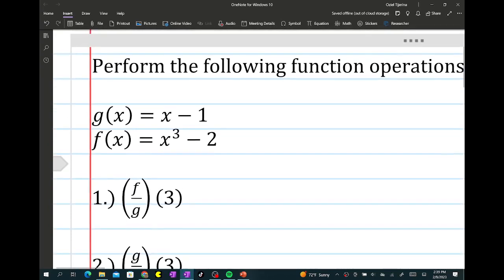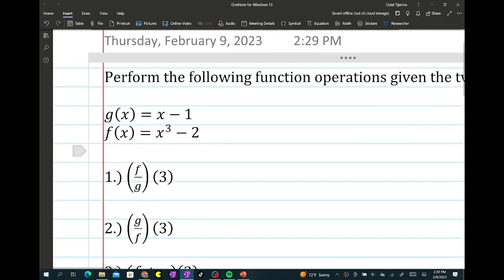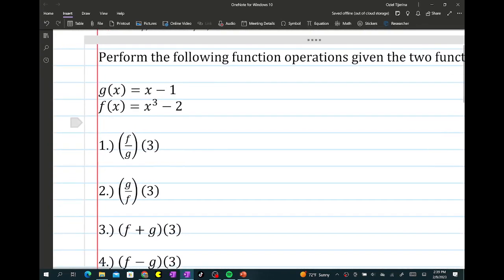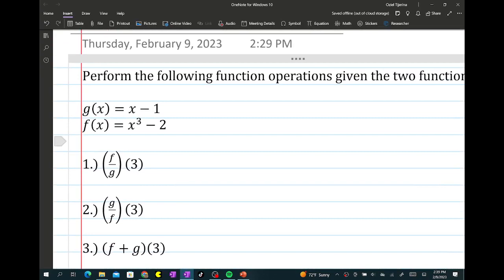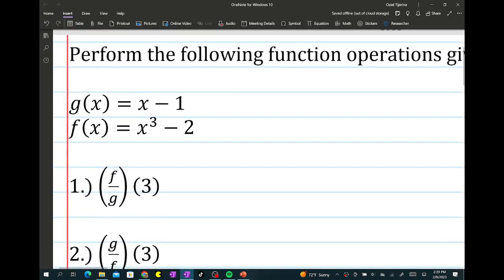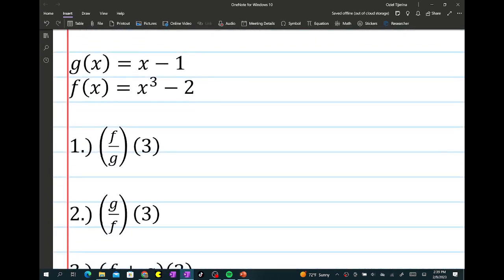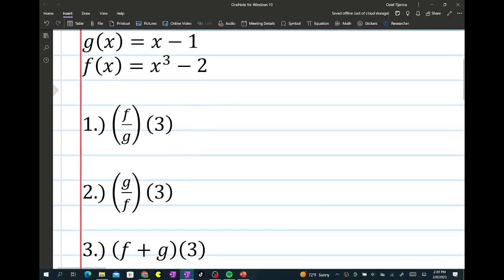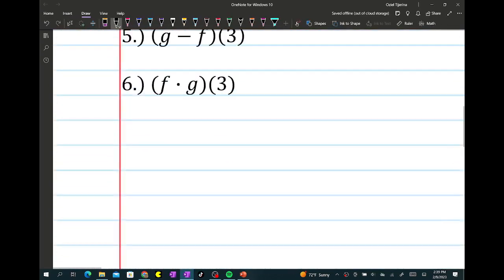So here we have the problem, and it says perform the following function operations given the two functions: g of x equals x minus 1, and f of x equals x cubed minus 2. And we're going to look at the first one.